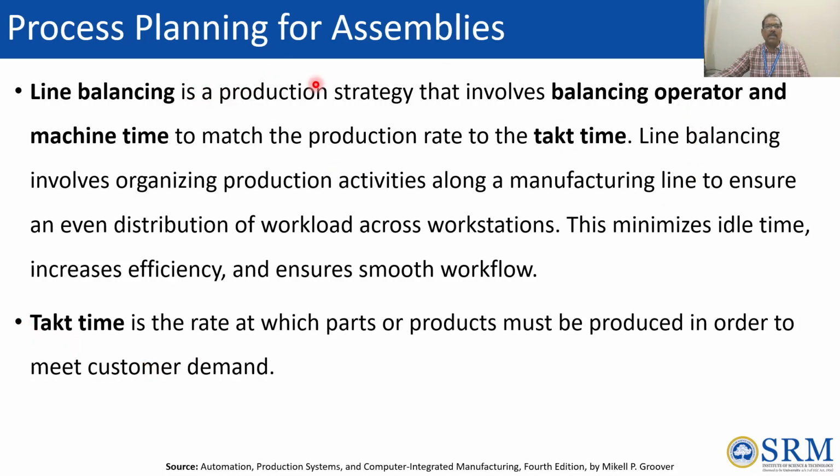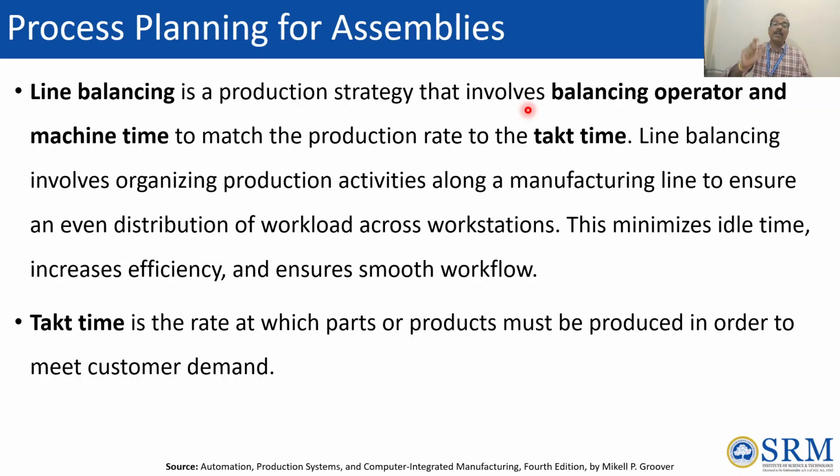So that's why line balancing is important. Line balancing is a production strategy that involves balancing operator and machining time. We need to balance the operators: how many operators we have, what tools we have, how much machining time we have. We need to match that production rate according to the takt time.